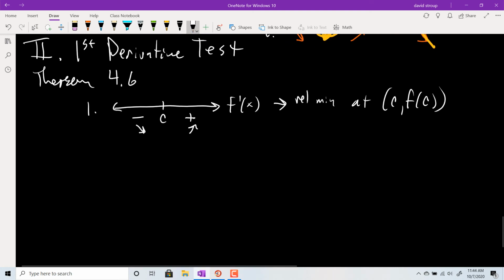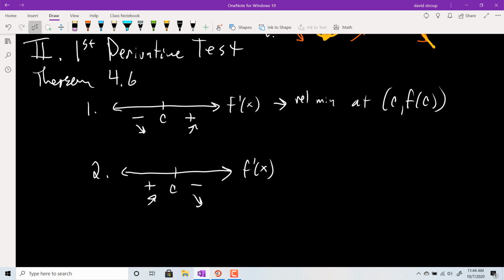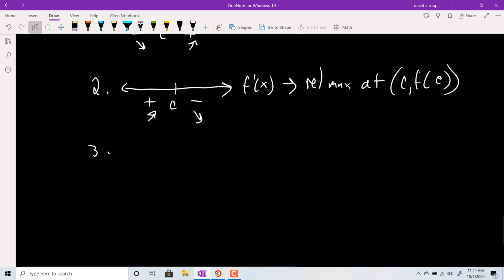So the second case then, if it's going up then down, on your number line, so plus and then minus, so going up and then down, then you're going to have a relative max. So you're going to be the king of the hill at C, f of C. The third case is where it goes minus, minus, or plus, plus.